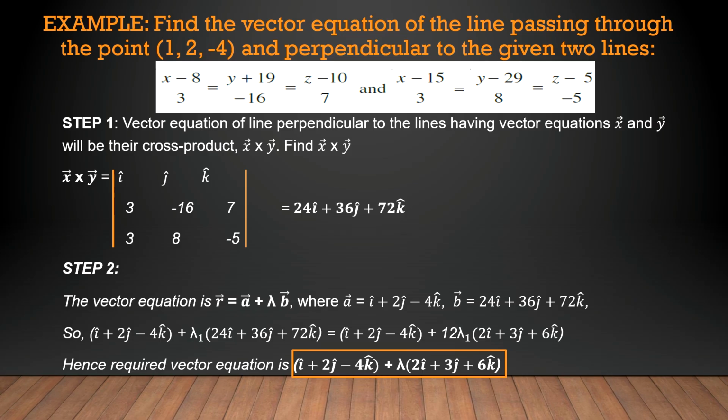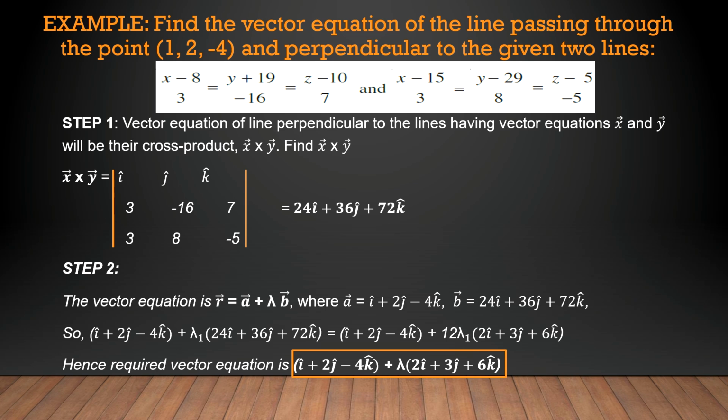So first thing is find x cross y. By the determinant you know how to find the cross product. So 3, minus 16, 7 are the direction ratios for the first line and 3, 8, minus 5 for the second line. So x cross y will be 24 i cap plus 36 j cap plus 72 k cap. This was the first step.